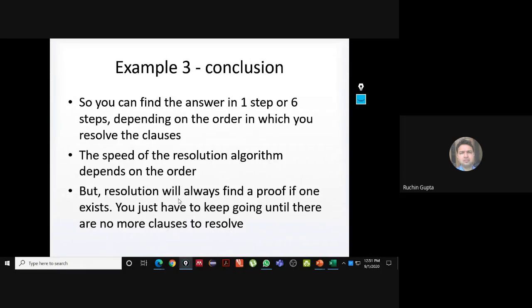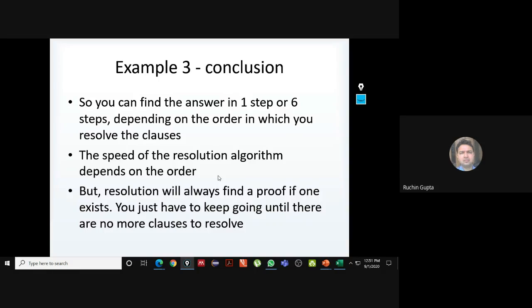So resolution will always find a proof if one exists. You can keep going until you have no more clauses to be resolved or you get the contradiction. And the speed of the resolution algorithm will depend upon the order of the clauses you are considering. Sometimes if you change the order of consideration of the clauses, you get the result quickly.